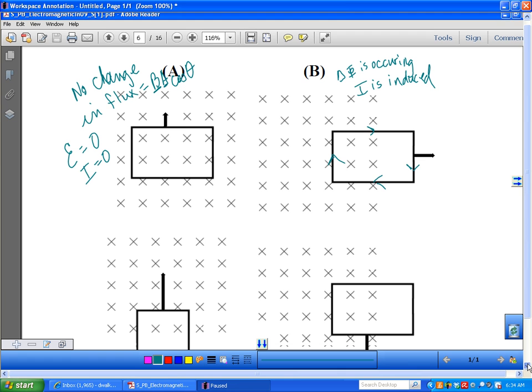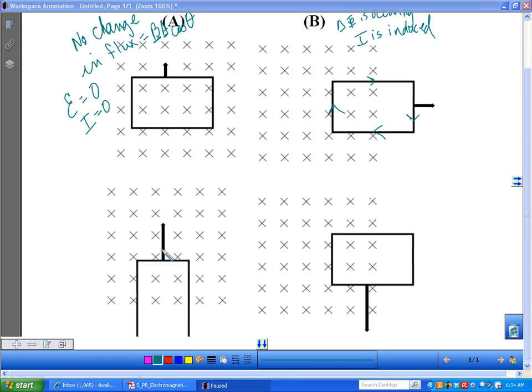If we go down to this next one, this coil, or this wire, is going to be pulled into the field. So it's going to be increasing into the page. So I need to induce a current that will cause it to increase out of the page to offset the change that produced it.